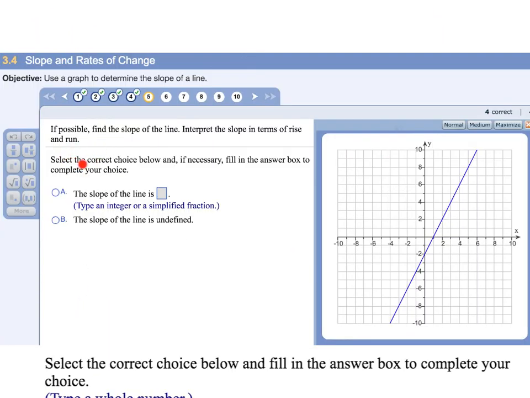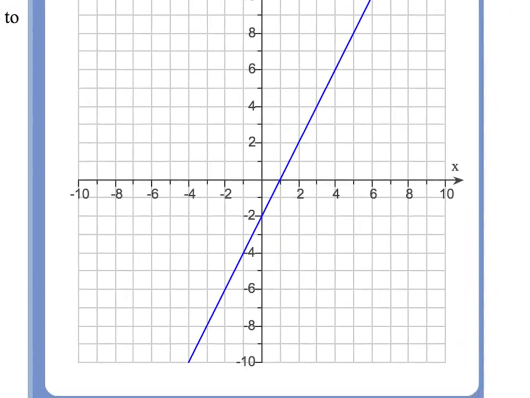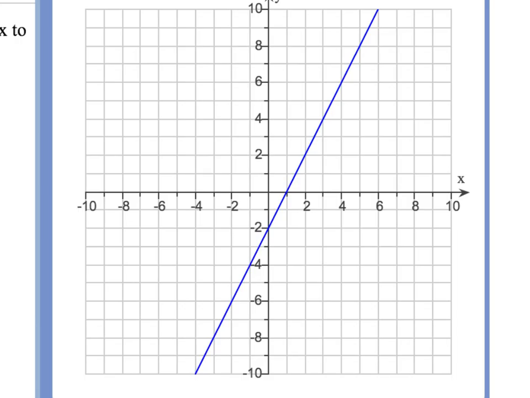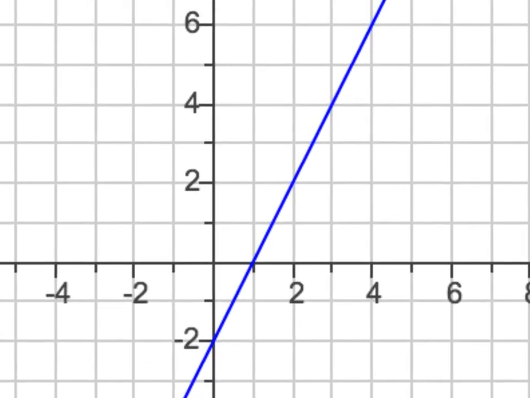So here, again, we're supposed to be finding the slope of this line over here, and we're going to record it right there. So I'm going to zoom in on this line. Now, the idea is we need to compare 2 points on this line. What we need to do is find where this line perfectly crosses at a point.